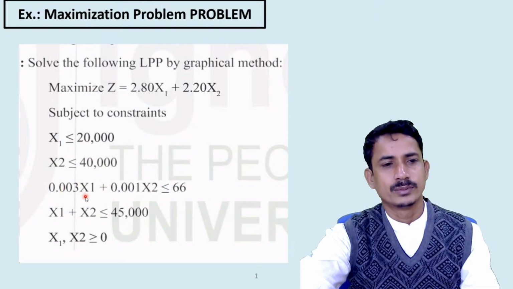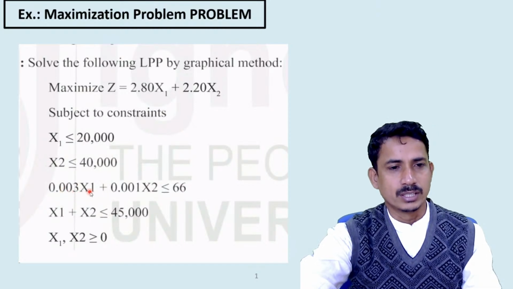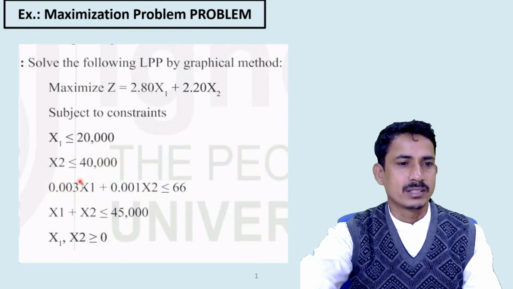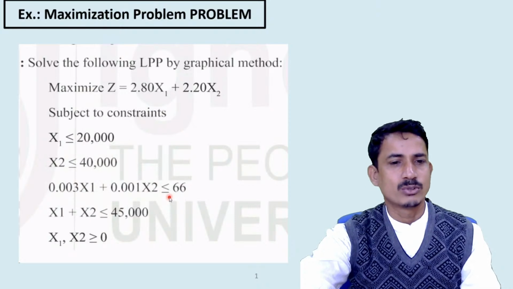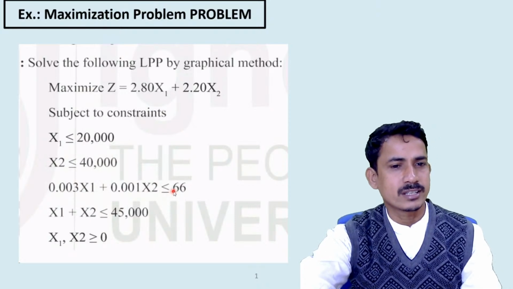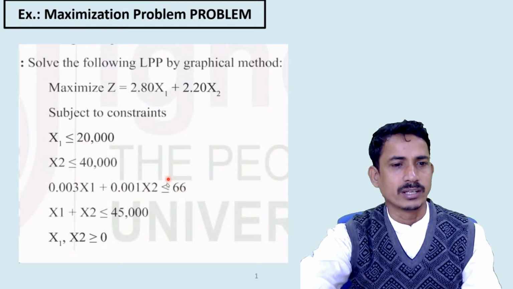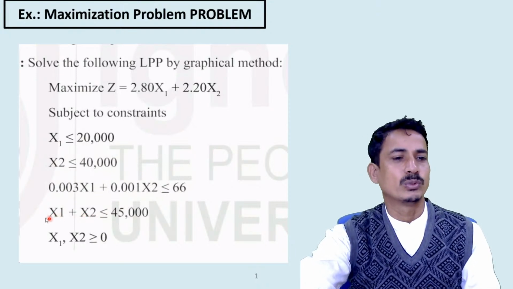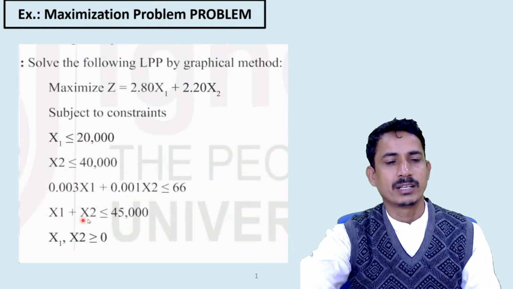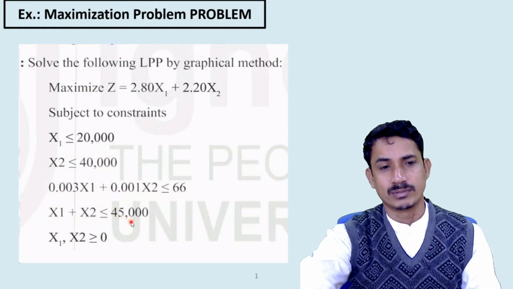You add this amount of x1 and this amount of x2 in such a manner that the value should be less than or equal to 66. Either it will be 66 or less, this is the maximum boundary. Similarly, each unit of x1 plus each unit of x2, you take at any moment, but the value should be less than or equal to 40 per thousand.